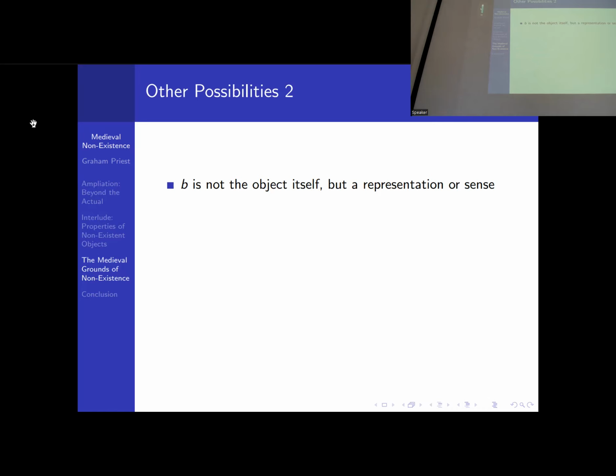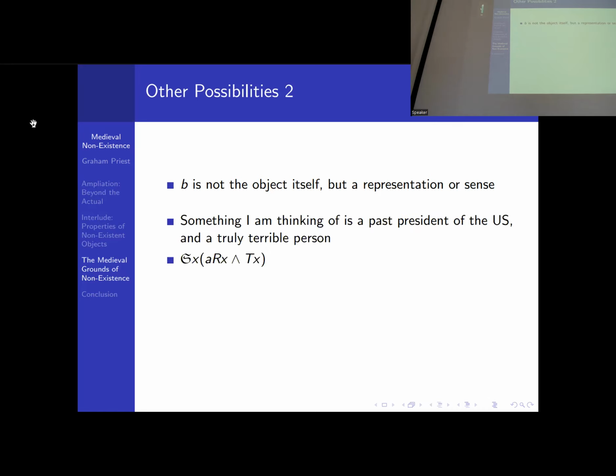However, it obviously has problems because, well, here's one. Something I'm thinking of is a past president of the US and a truly terrible person. Okay, that's true, right? So in canonical notation, it's got to be something like this. What is the quantifier over here?